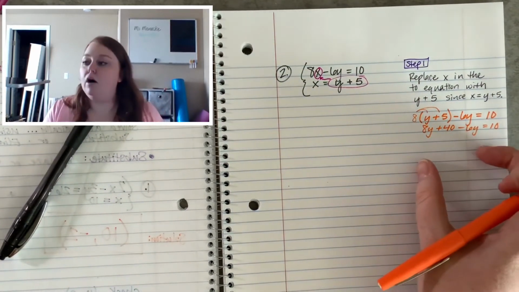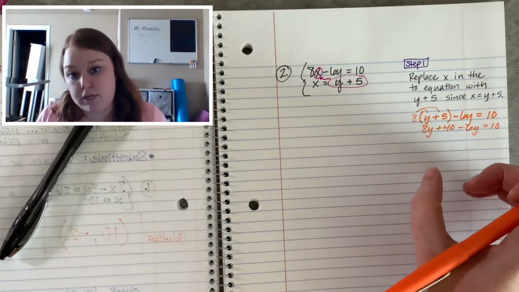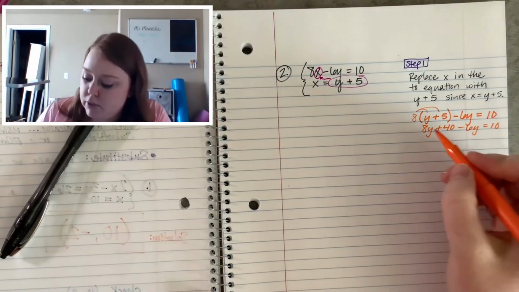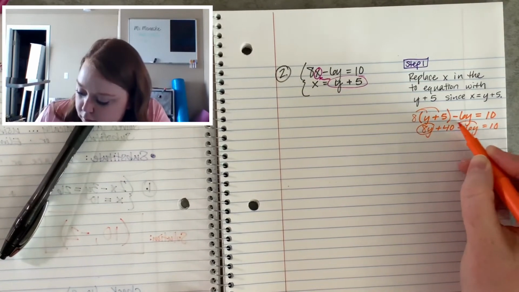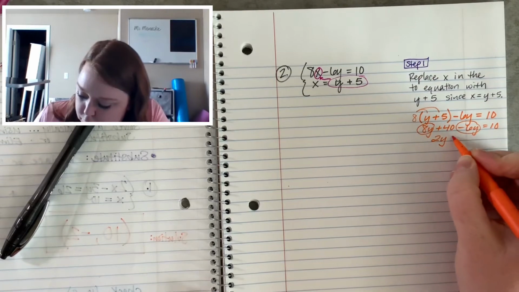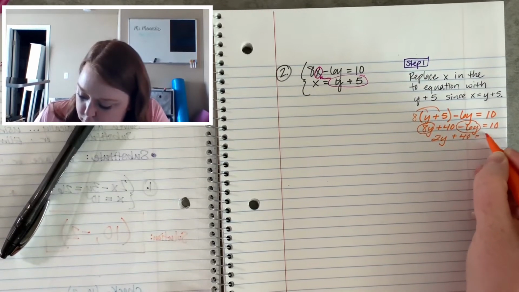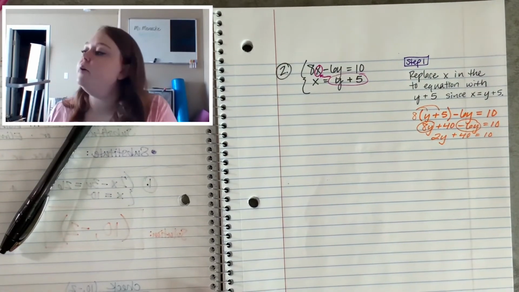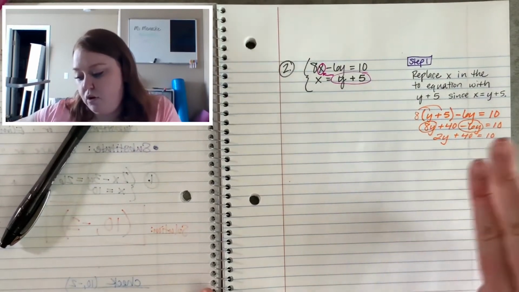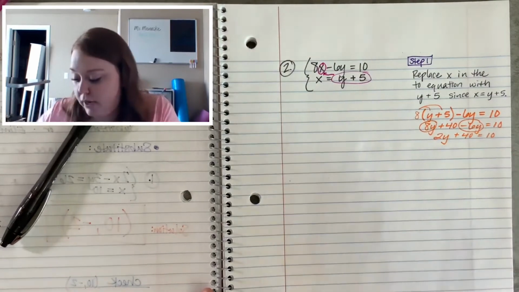Now all of my variables are on the left side, so that's good. But I do want to combine like terms. Combining 8y minus 6y gives positive 2y. Drop down the other stuff. All of my variables are to the left, so I want to move the constants to the right.